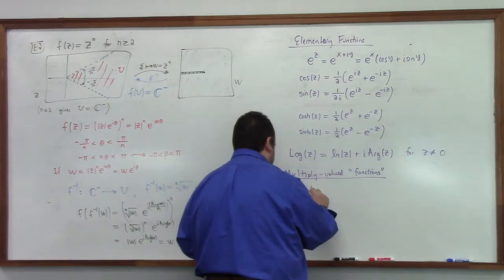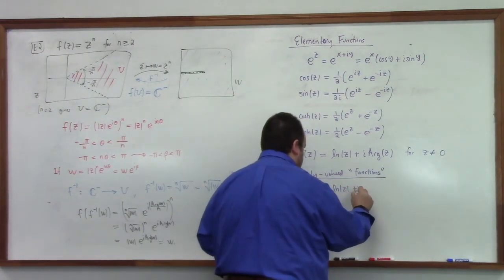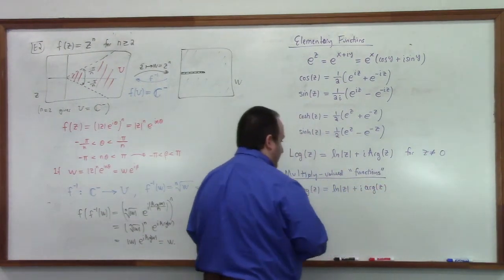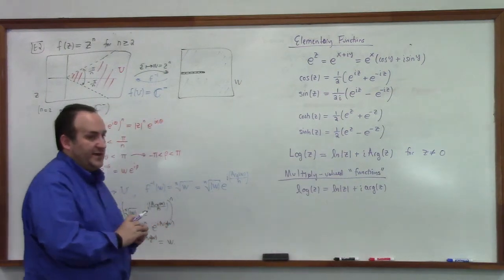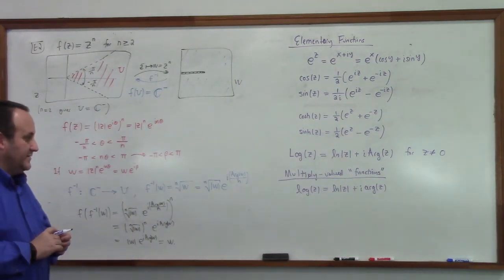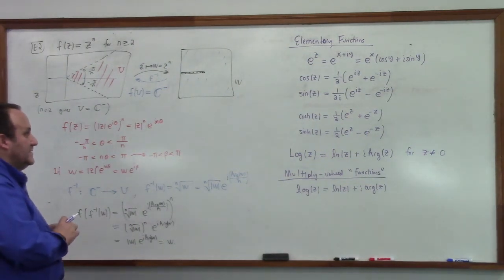Little log of z is the natural log of the modulus of z plus i times arg z. Remember arg z? That was the set of all coterminal angles describing z, right? And so likewise, little log z is a set of values.